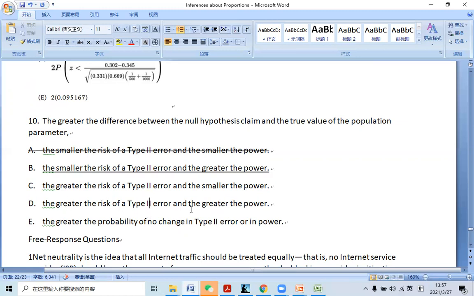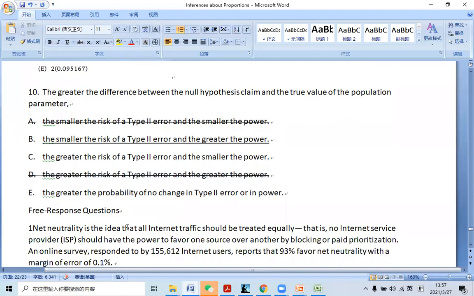D: the greater the risk of type 2 error, and the greater the power. This one has the same problem as A. E: the greater the probability of no change. No, this one doesn't make any sense. So this one's gone.